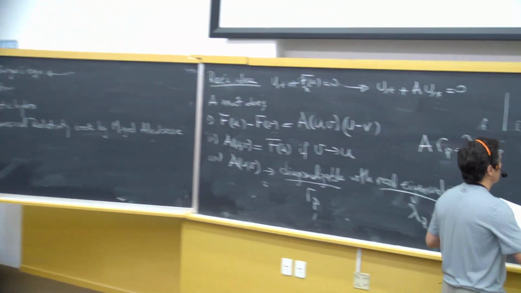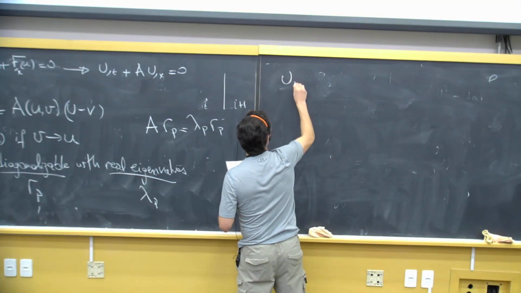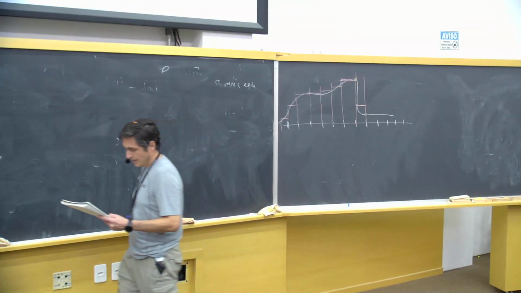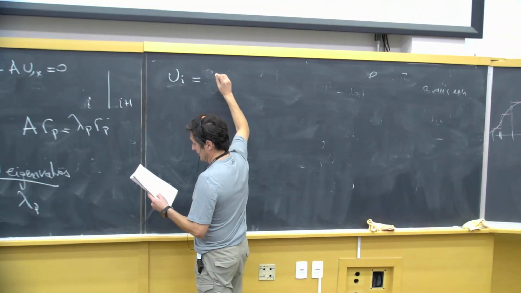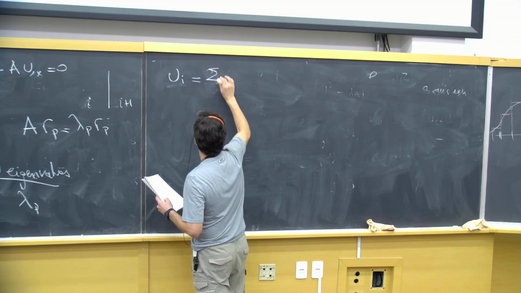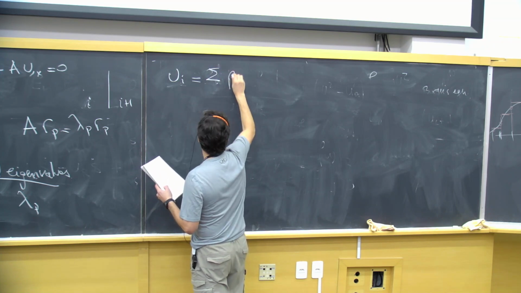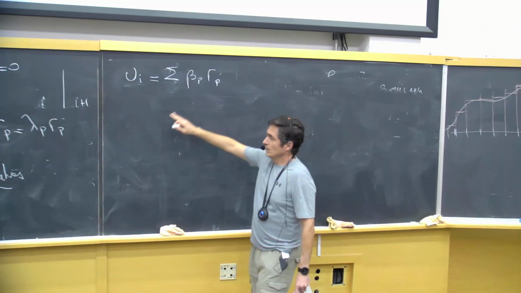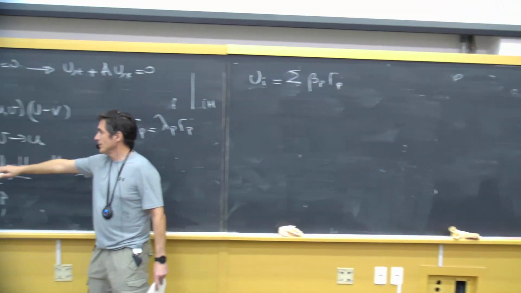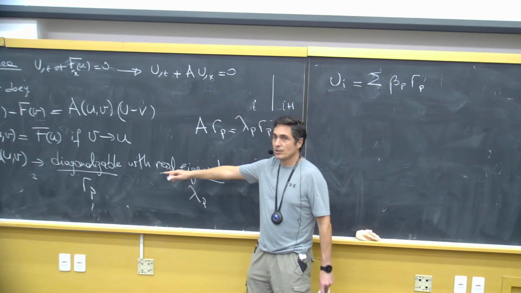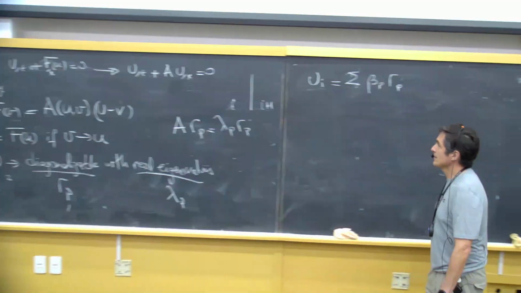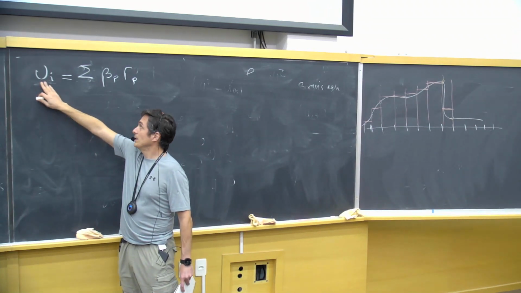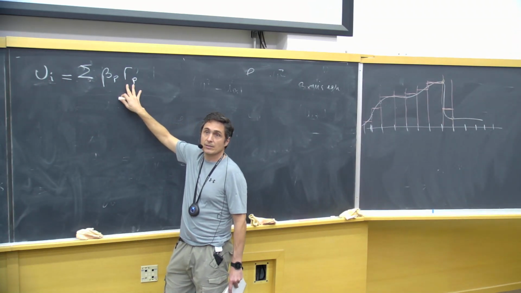Now let's decompose U at the ith side, at the label I. We can always do the following: just write it as a sum over some coefficients times our eigenvectors, right? Because we have a fully diagonalizable matrix, we have a set of eigenvectors that span our space. And so any function or any vector that we care about can be written in terms of the eigenvectors. This is all we're doing here.